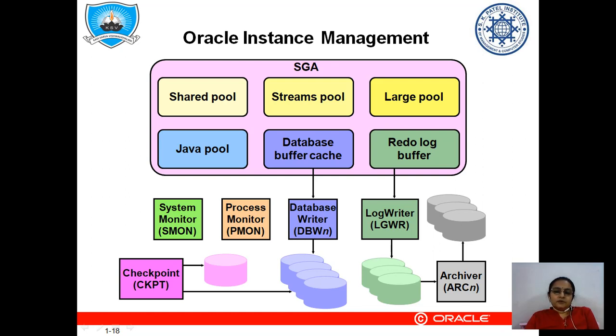This is one kind of backup mechanism, but if our database is in archive log mode, then the archiver process will write the same data in a separate file for future requirements. And the checkpoint records how much the log writer has written to the database, so it takes care of the consistent state of the database. So this diagram represents how the database instance is managed through all these components.